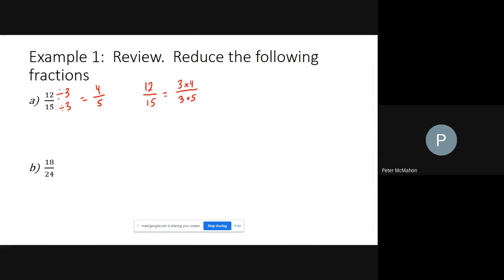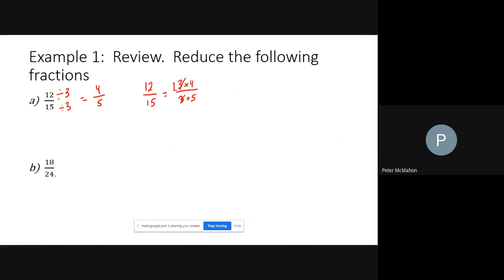So if we factor the top and the bottom like this, and we have a common factor in the top and a common factor in the bottom, well, this is really the same thing as saying, what's 3 divided by 3? Well, 3 divided by 3 just cancels out and becomes 1. And that's where we're left with 4 over 5.